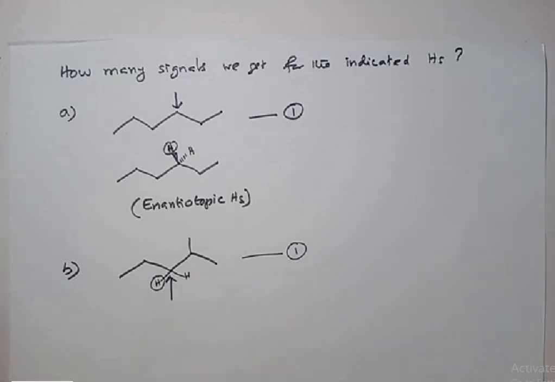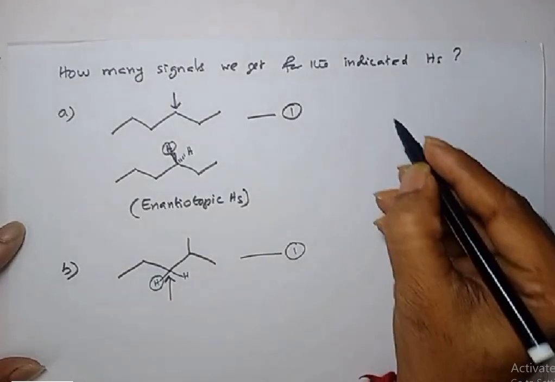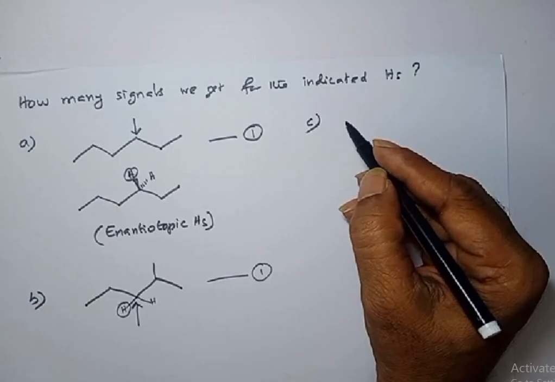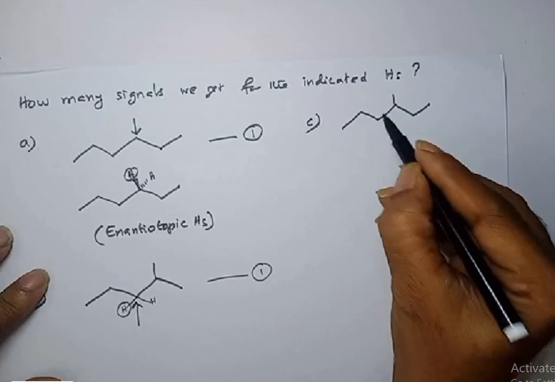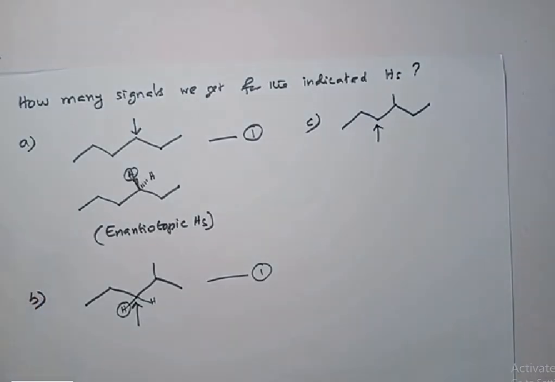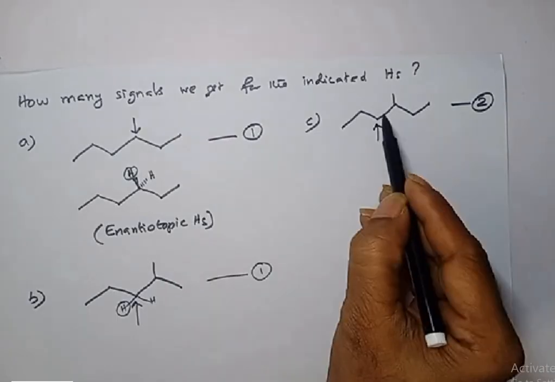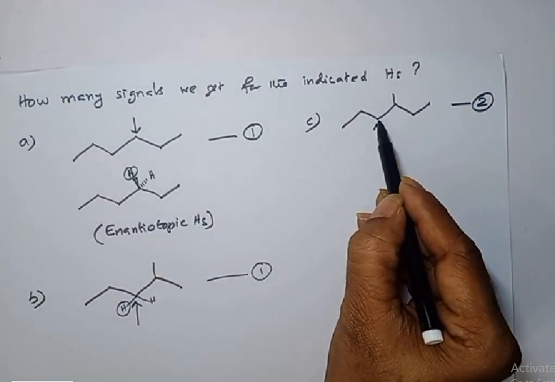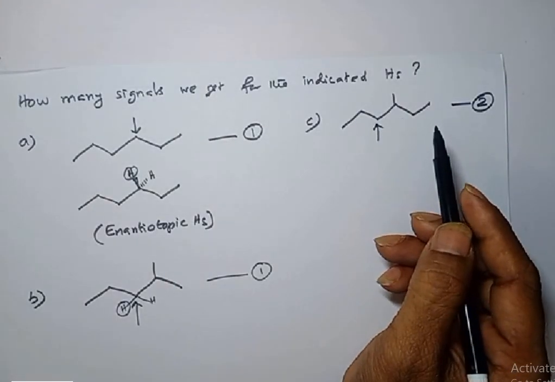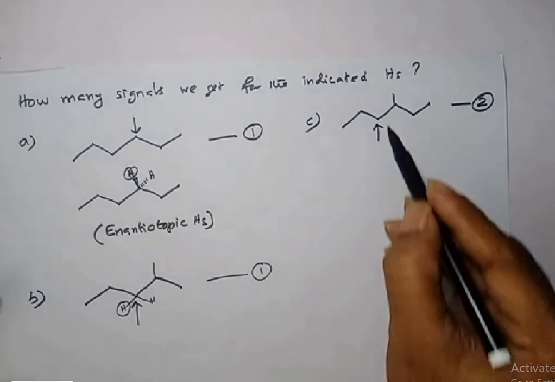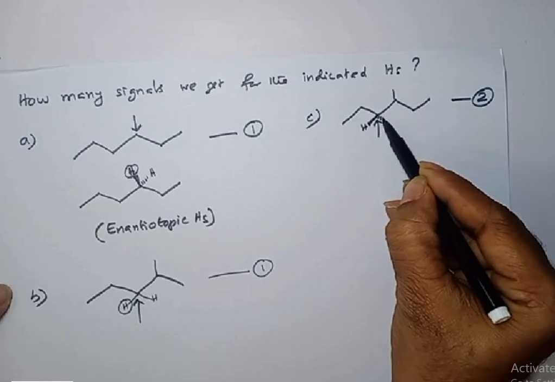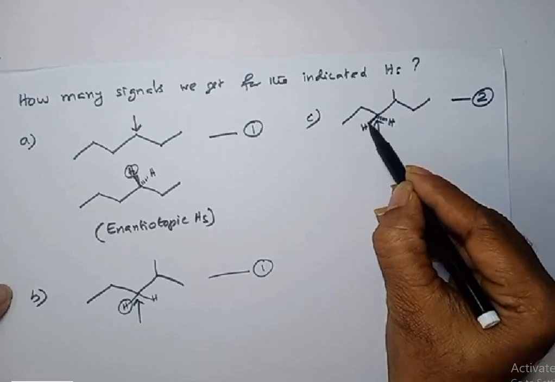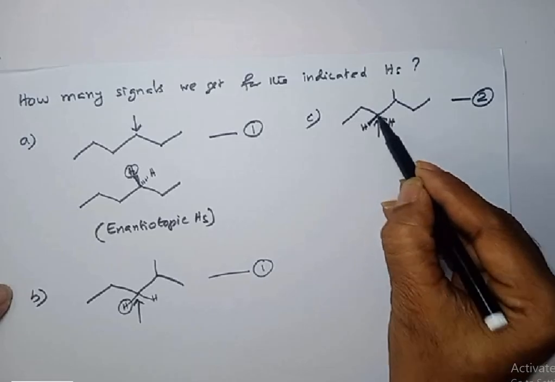Now, I'll give another example. Now this is the carbon. We get two signals for the two hydrogens attached to this carbon. Why? Listen carefully. If you replace one hydrogen by chlorine, this carbon becomes chiral.